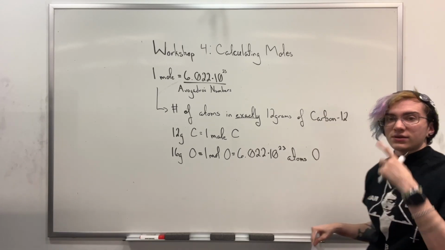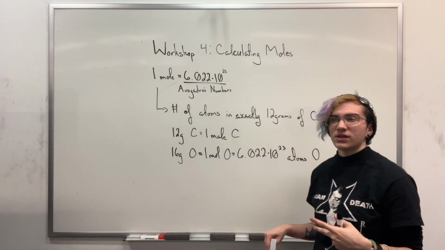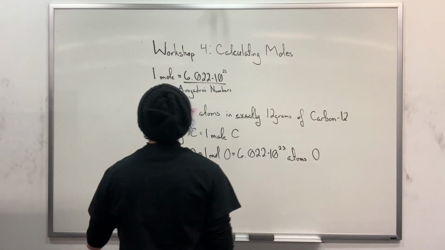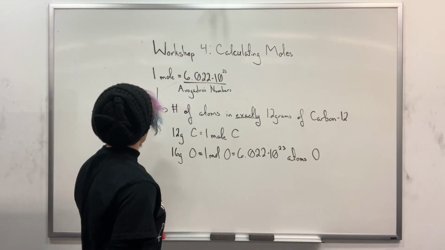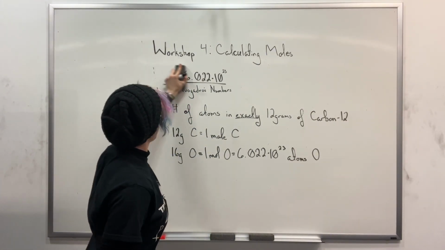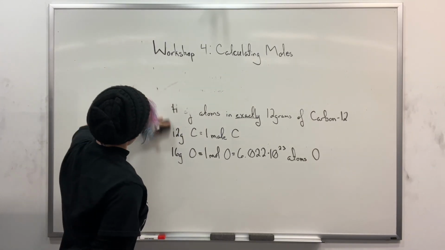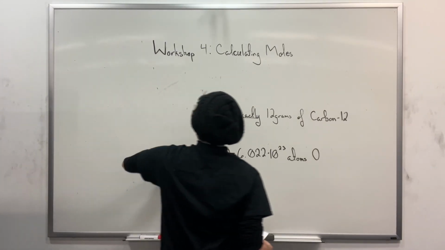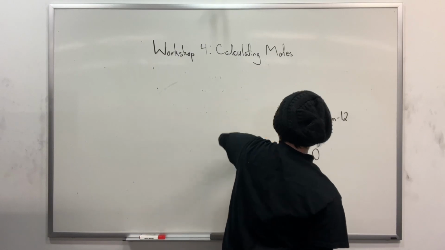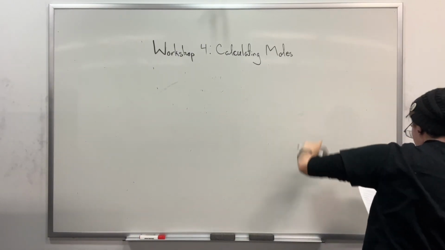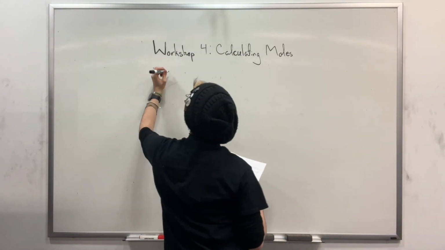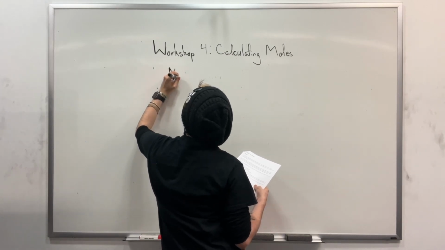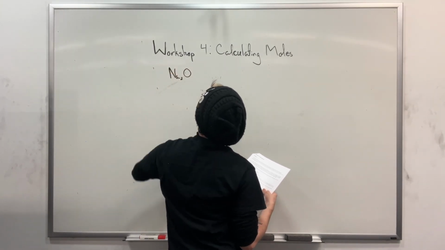And this also works if you have compounds and not just atoms themselves. And we can actually use an example to show that. So let's say we have the compound sodium oxide.